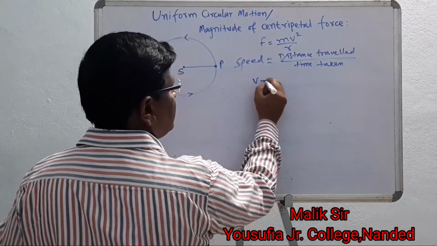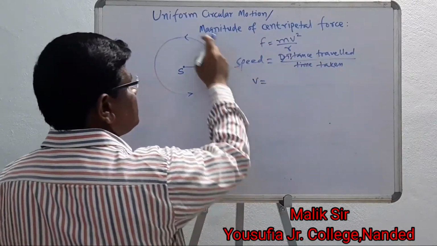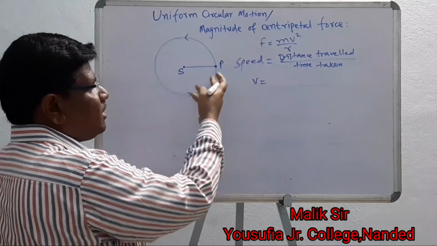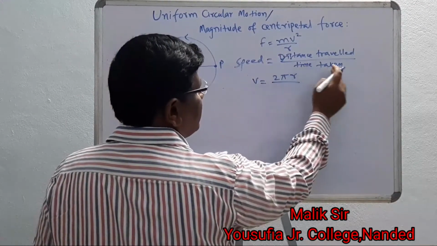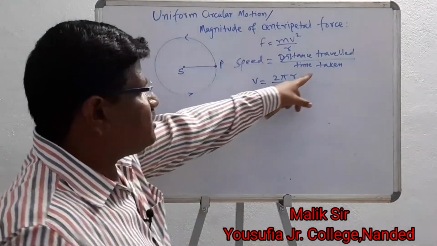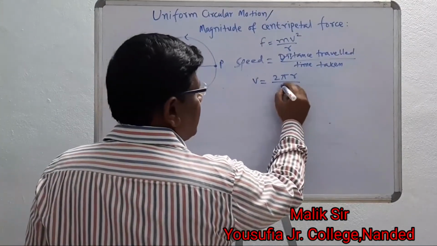Therefore, this v equals the distance travelled. How much distance does it cover? That is equal to the perimeter of the circle, or the circumference, that is 2 pi r, divided by the time taken, or we can say the time period, which is denoted by capital T.